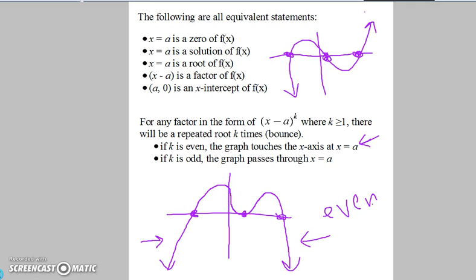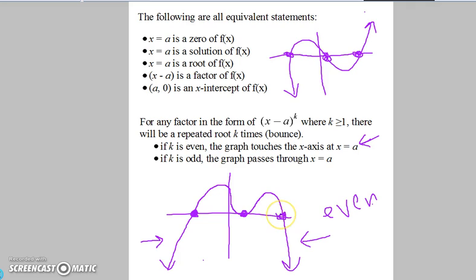Okay. If I look at this one crosses through, so that's an odd power for a solution. This touches and it bounces back up, so it's an even power, so that k would be like 2.